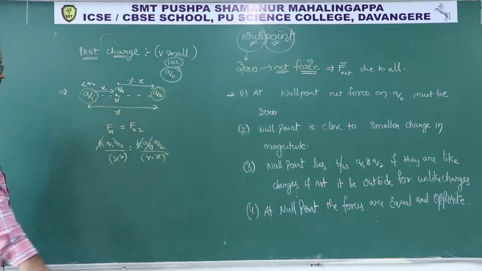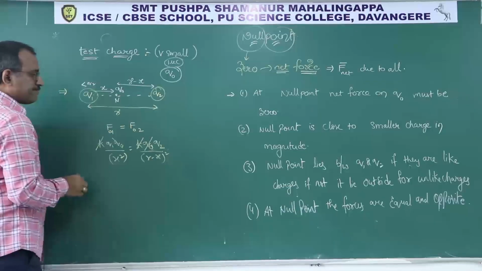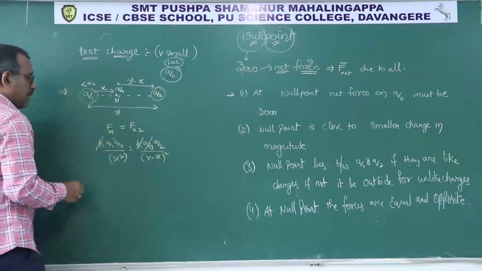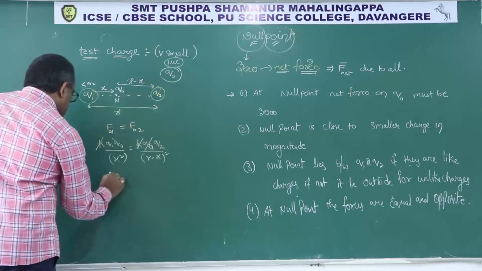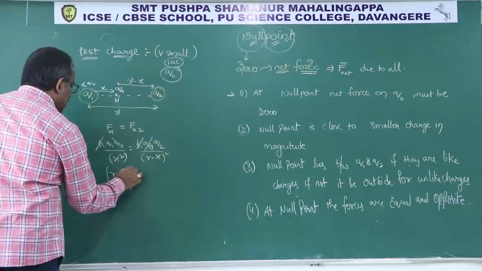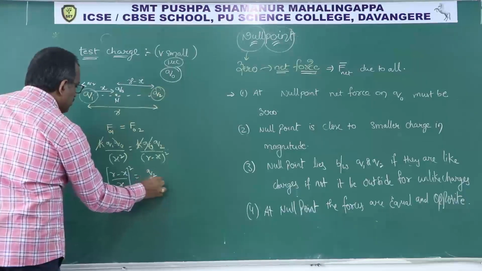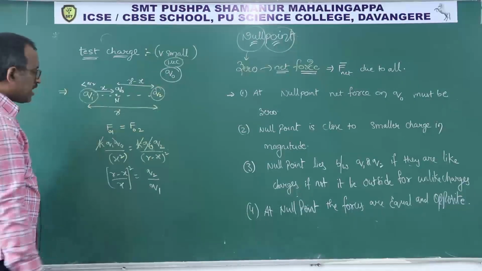Clear? What is left? Q1 and Q2 are left. Clear? So let me bring this to this side. R minus X by X the whole square is equal to Q2 by Q1. Correct? Observe carefully.